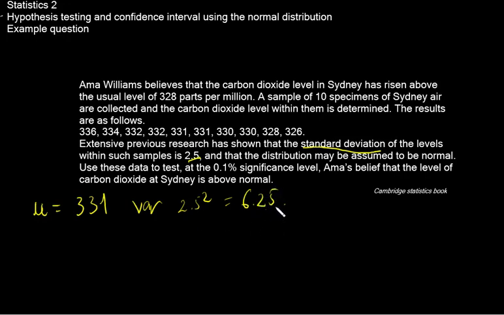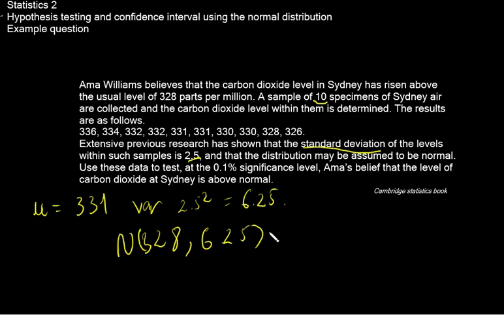Now, this is the variance, so these are supposed to follow the normal distribution of 328 with a variance of 6.25. But since we have taken a sample of 10 specimens, this variance is actually much less.